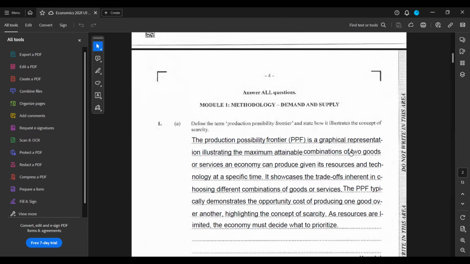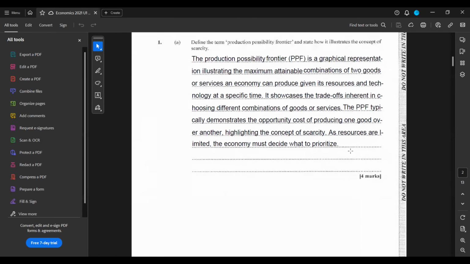It showcases the trade-offs inherent in choosing different combinations of goods or services. The PPF typically demonstrates opportunity cost, producing one good over another, highlighting the concept of scarcity. As resources are limited, the economy must decide what to prioritize.